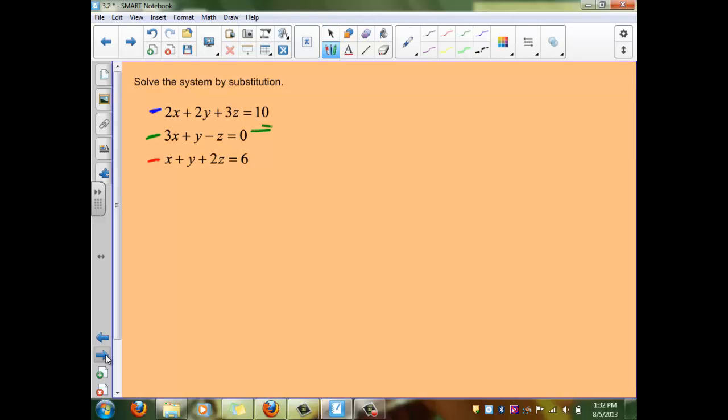I just picked this one and got y by itself. And then I substituted that one into the blue one. So then I had 2x plus 2, and we're substituting it in for y. So making the substitution, we will still have an x and a z in here, but that's okay. Let's get this simplified as much as we can.